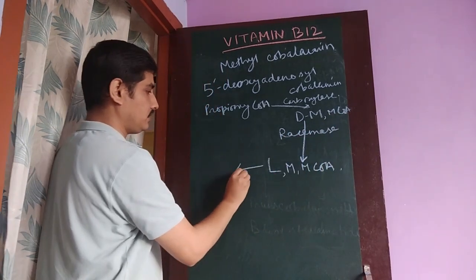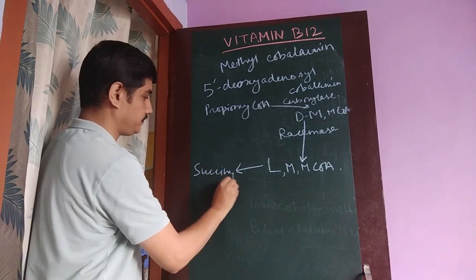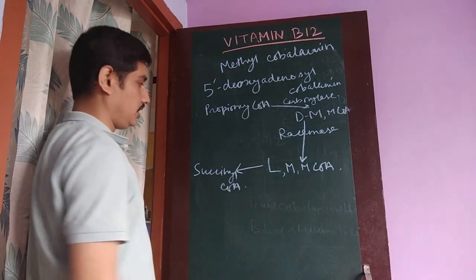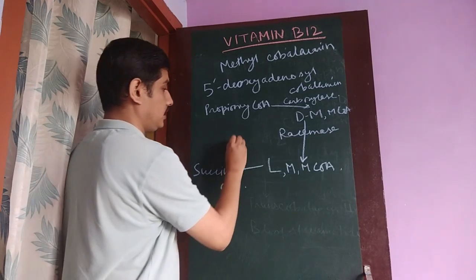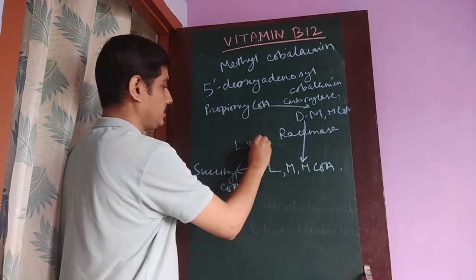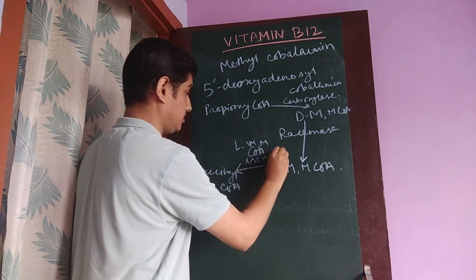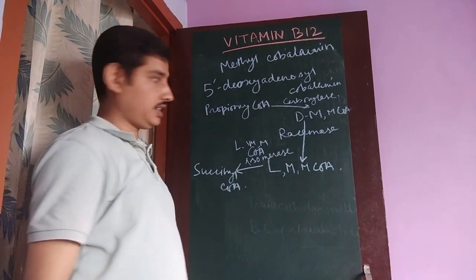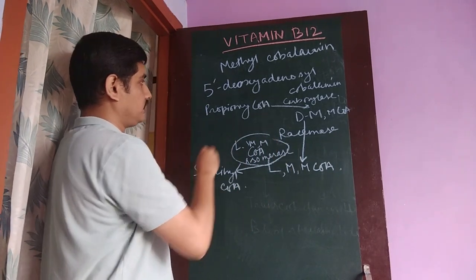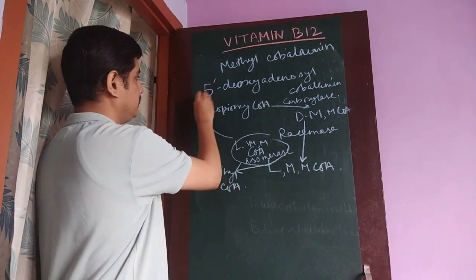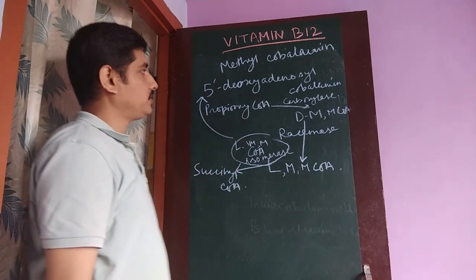This L-methylmalonyl coenzyme A gets converted into succinyl coenzyme A. And the enzyme which catalyzes the reaction is known as L-methylmalonyl coenzyme A isomerase or mutase. Okay, so this enzyme is helped by the coenzyme 5'-deoxyadenosylcobalamin. So this is one function of 5'-deoxyadenosylcobalamin.